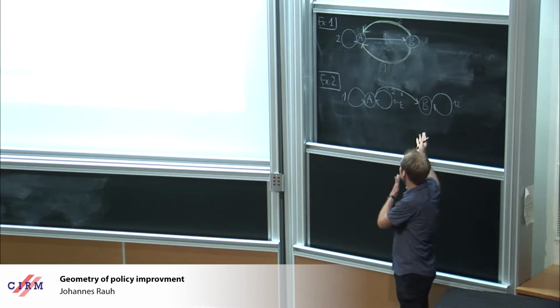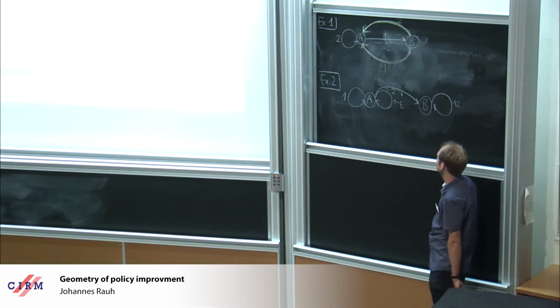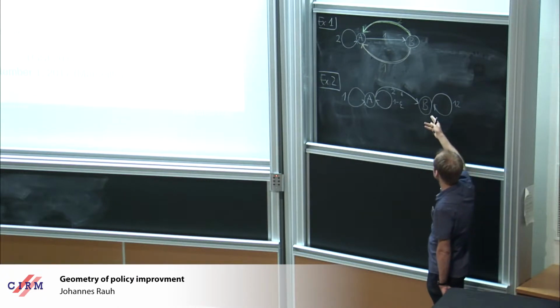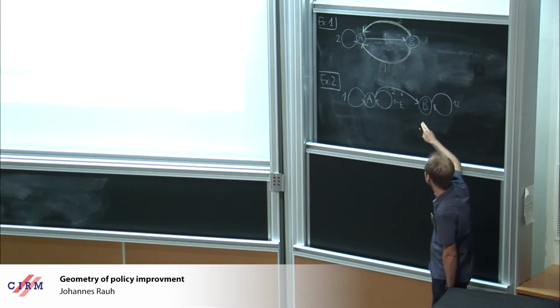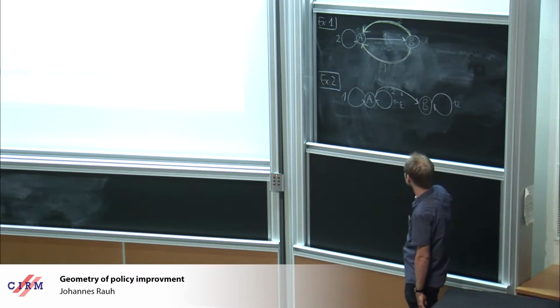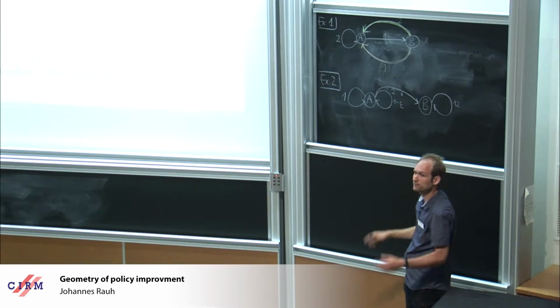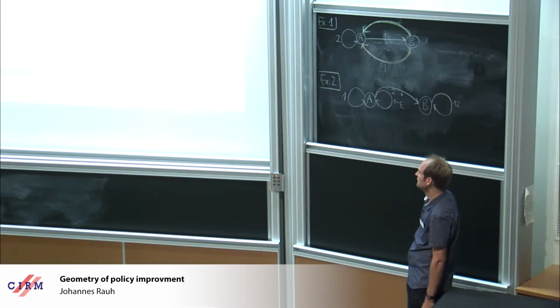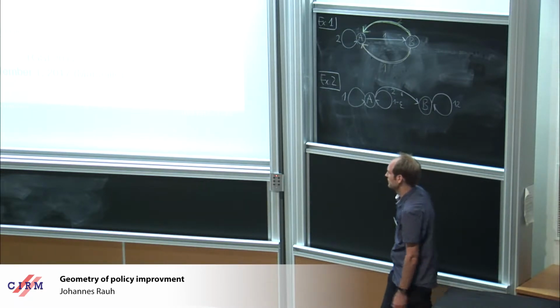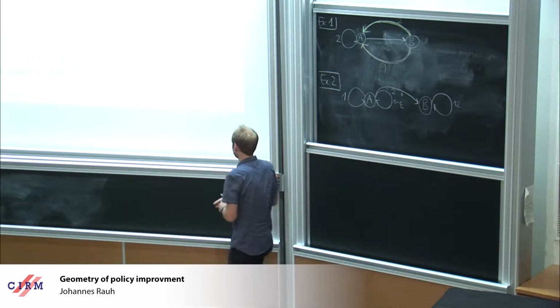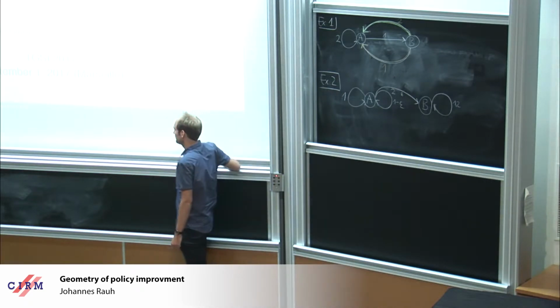Okay, so this is qualitatively very different because this has an absorbing state at world state B. So once you're at B, you can never leave it, no matter which policy you choose. I will come back to this example later.